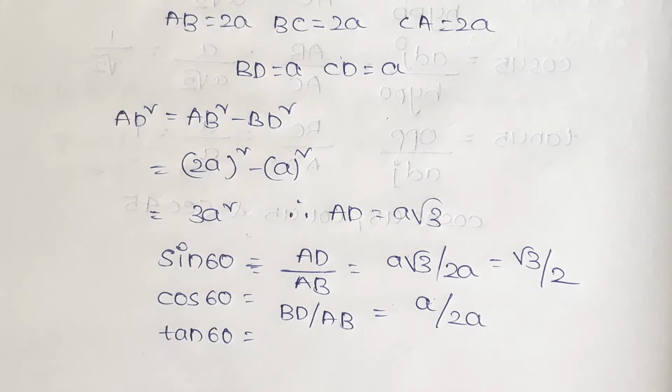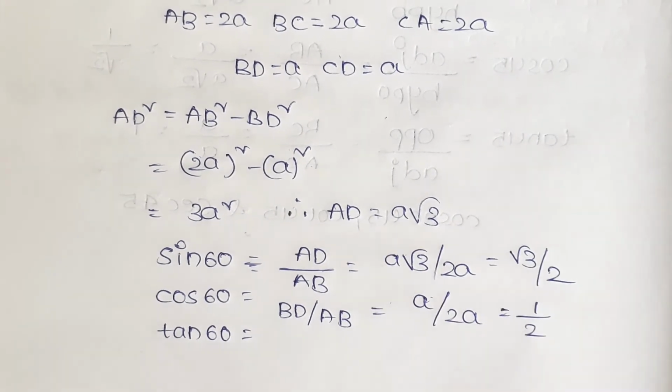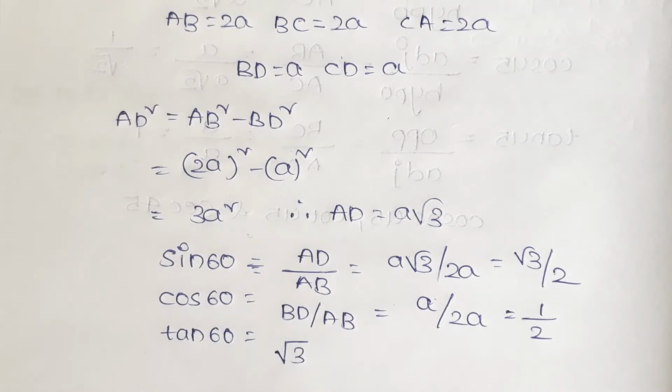BD is nothing but A, that is 1 by 2. And similarly tan 60 is root 3. And like this, with the formulas, we can find the other trigonometric ratios, that is the reciprocals, cosecant 60, cot 60 and secant 60.